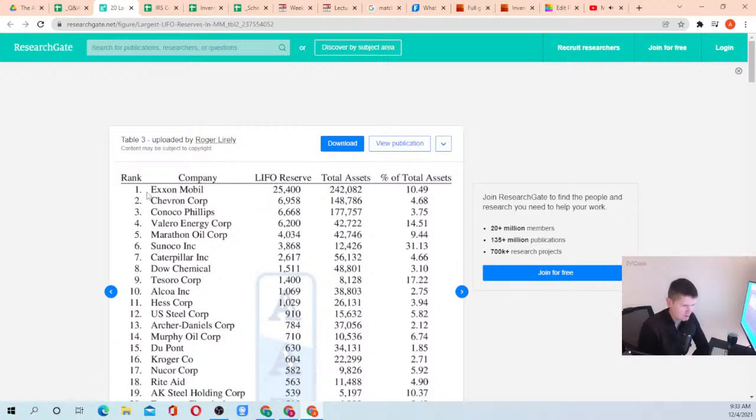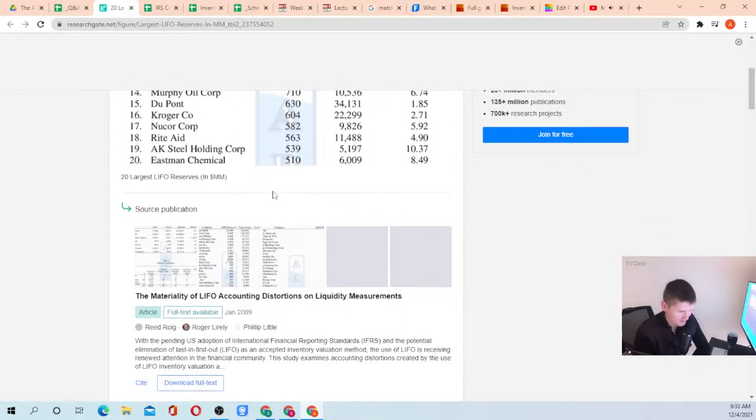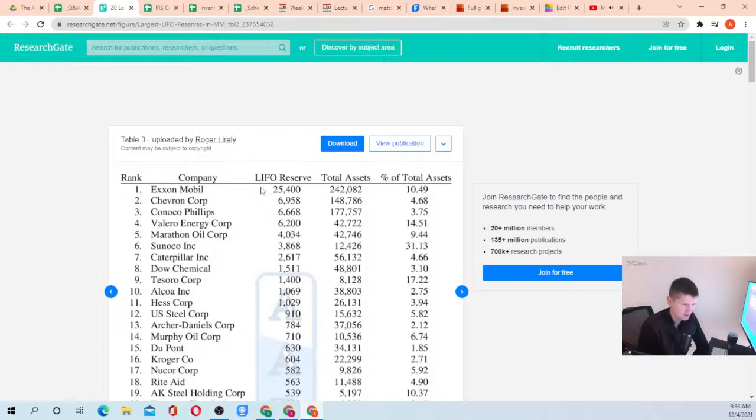So as you can see, ExxonMobil, I believe it is 2009 data, but I don't think that things changed much. LIFO reserve, $25 billion, 10% of ExxonMobil total assets. ExxonMobil is the biggest public oil company, Saudi Aramco is also public. So they have a $25 billion LIFO reserve.